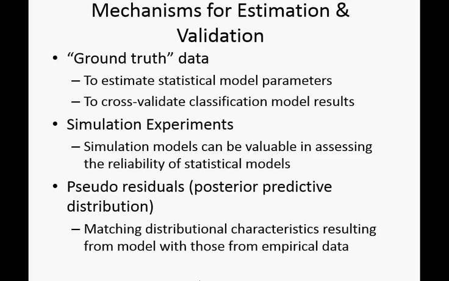Another technique that we've explored in conjunction with Jushin is what are called pseudo-residuals. And these go by the name posterior predictive distributions in the Bayesian literature. But basically what you're looking at is seeing how well the statistical model that you've created performs in terms of predicting possible outputs given the parameters as identified by that model.